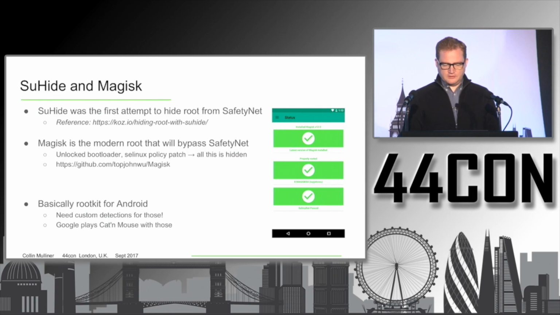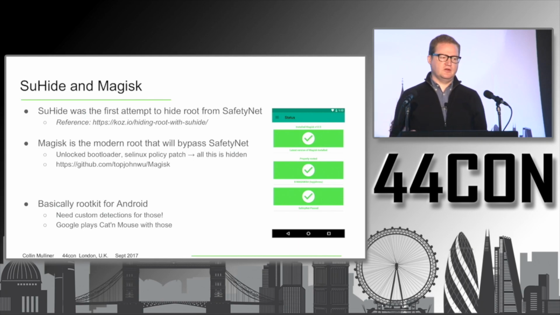So when SafetyNet came out, people had all their rooting tools, but now none of them would allow them to use something like Android Pay, because SafetyNet would say, nope, not for you. So I think from the SuperSU community, they started SuHide, which is basically trying to hide certain things on the file system and move stuff around so SafetyNet doesn't find them.